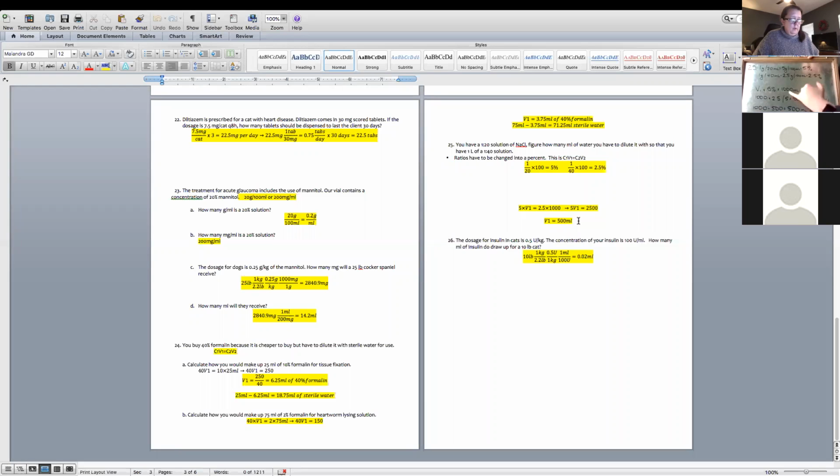Then I took the volume that would be my end volume, V2, subtracted that from V1, and that gave me 500 milliliters of sterile water that would need to be added to make 1 liter of 2.5% NaCl solution.